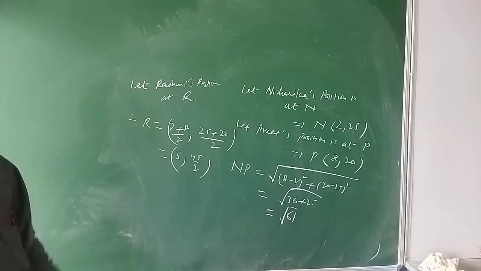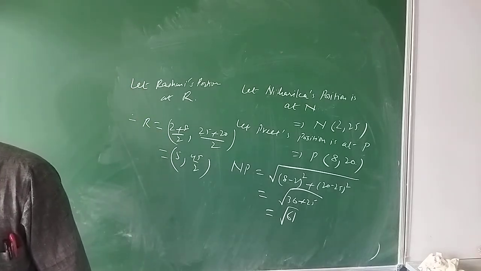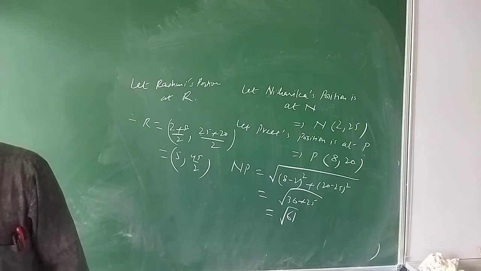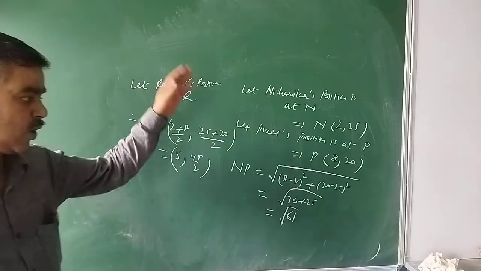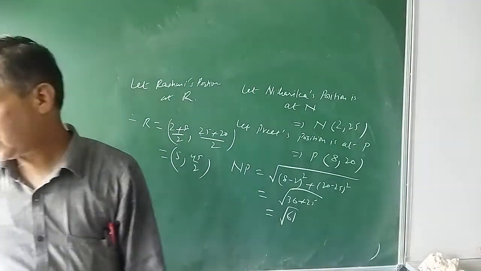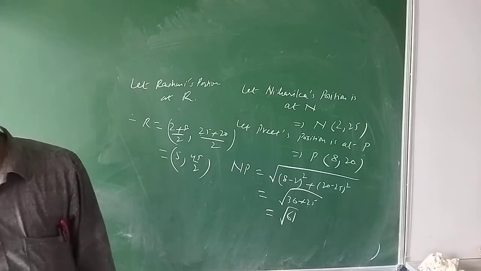So that will be the position of the flag posted by Rashmi. So the fifth line will be there and the distance will be 22.5 along AD. So that is the solution for your question number 3.